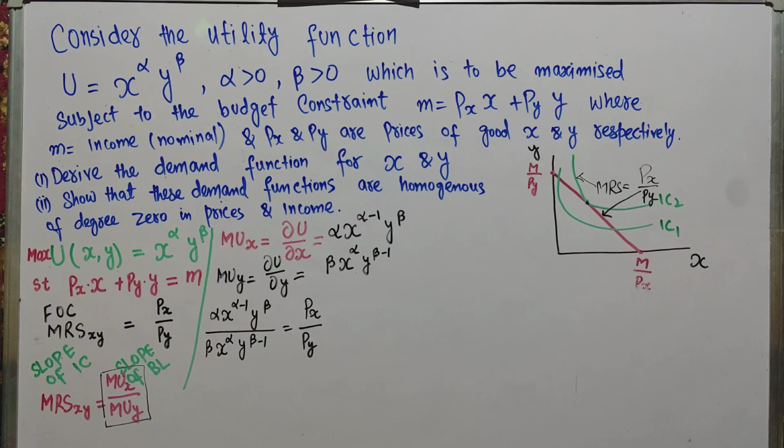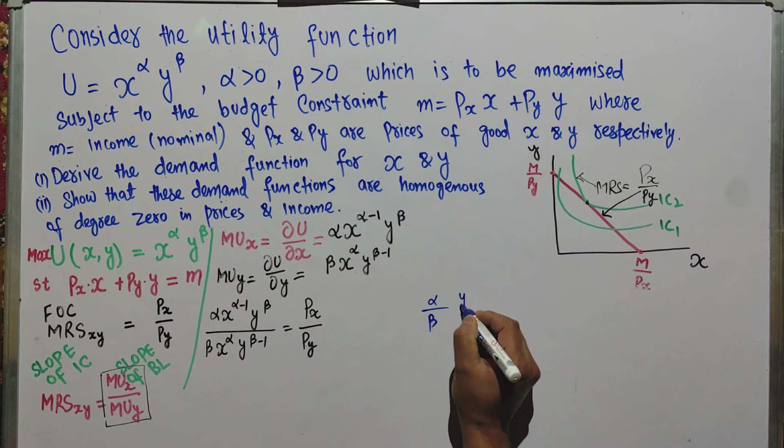Having said that, now let's do some basic calculation here. Can I rewrite here? Okay, I will rewrite it here, then I will rub it, so bear with me. So I have alpha divided by beta as it is. I will transpose y to the power beta minus 1 to the numerator.